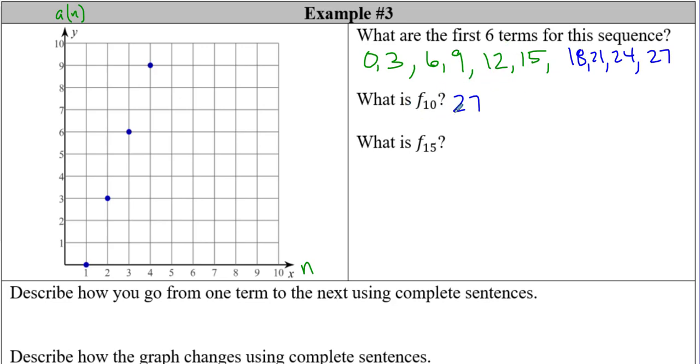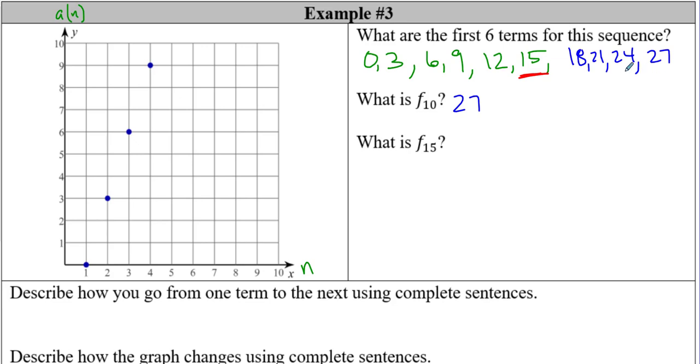That's not so bad since it's only 4 more. But what if I was asking for what is f sub 38? We might not want to write all of those out. So I want us to think about this mathematically. If we had that 6th term, and we know that we're looking for the 10th term, we want to ask ourselves, how many more terms are we looking for? We're looking for 4 more terms.